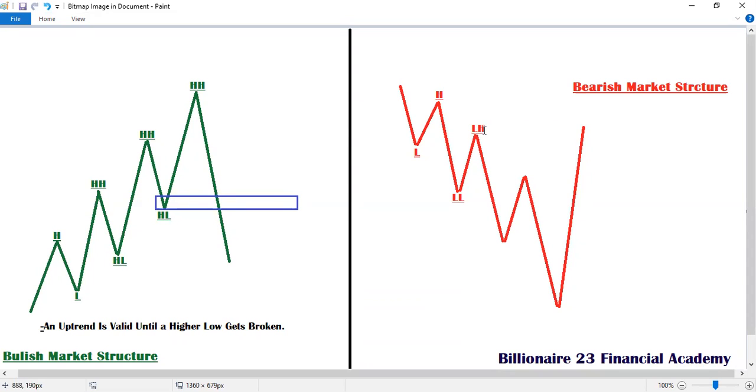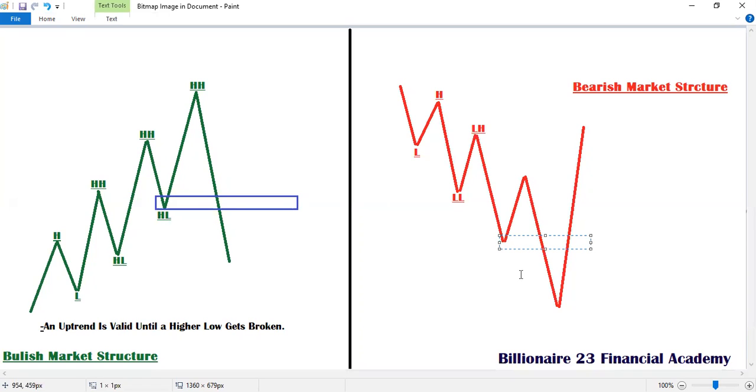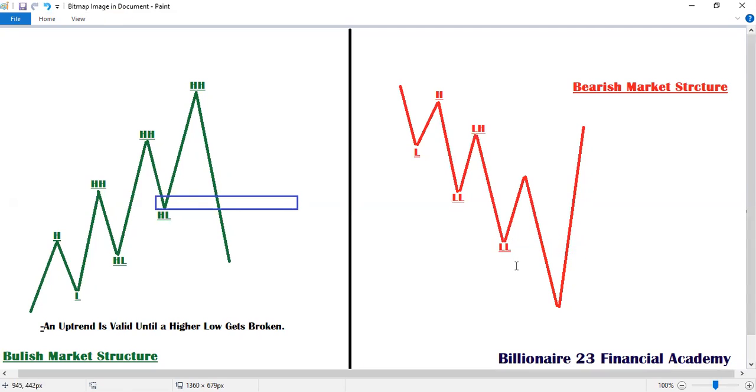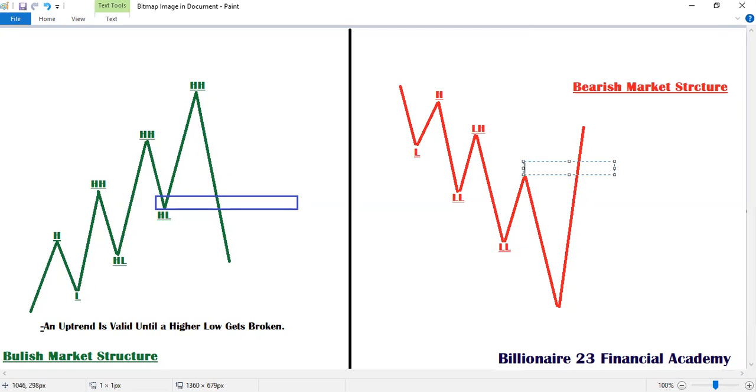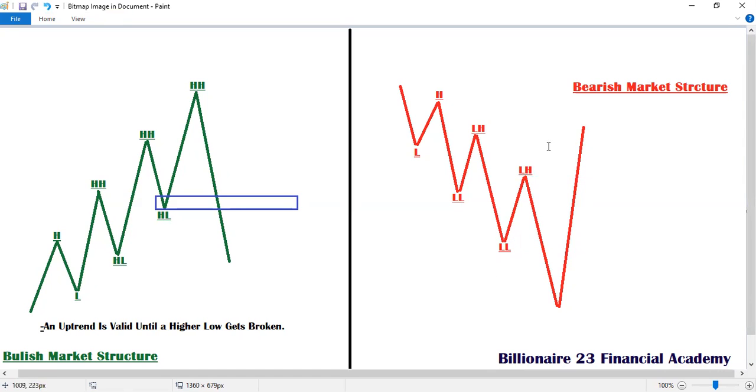This high is lower than this high. And then price will continue to drop down to form another lower low. Price will then reverse and move up to form another lower high. Why is it a lower high? This high is lower than this one.